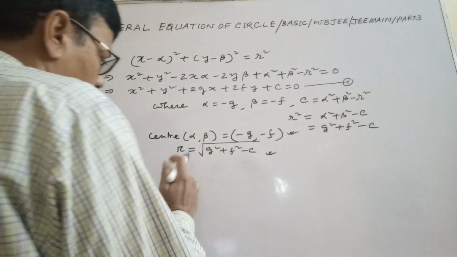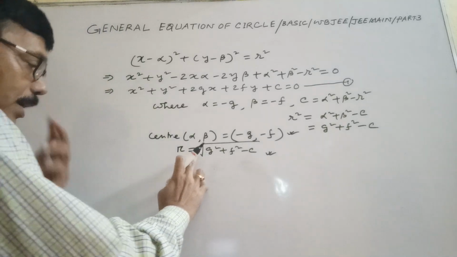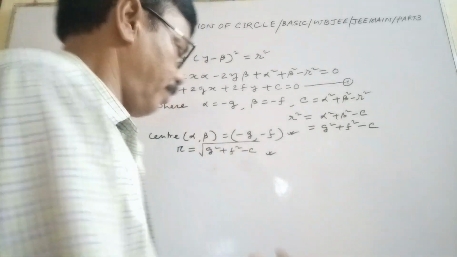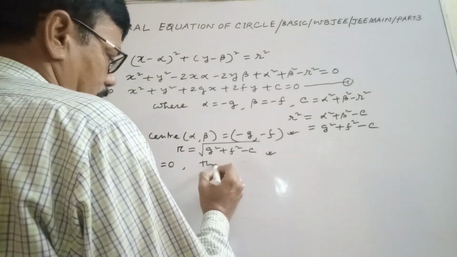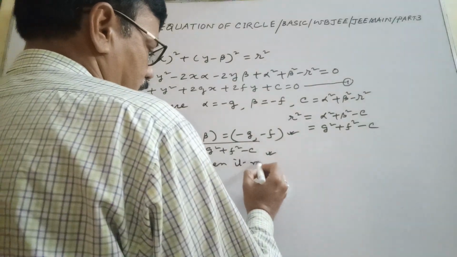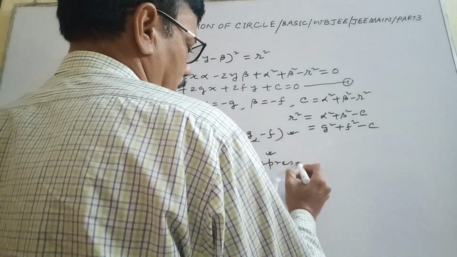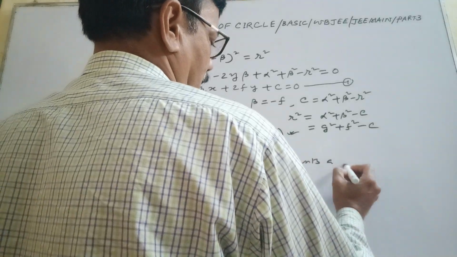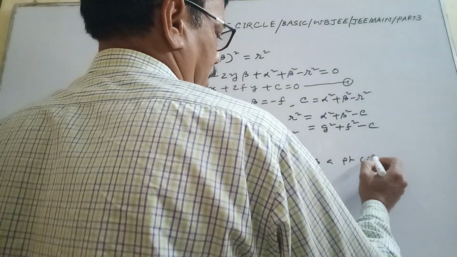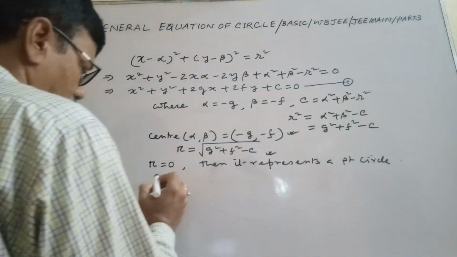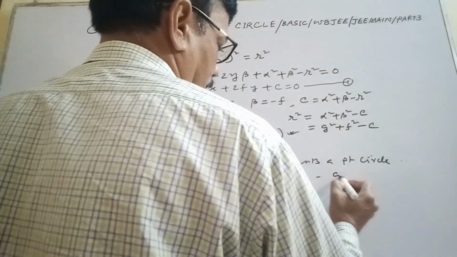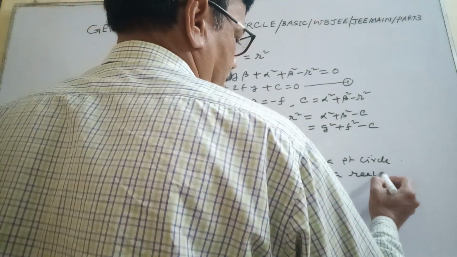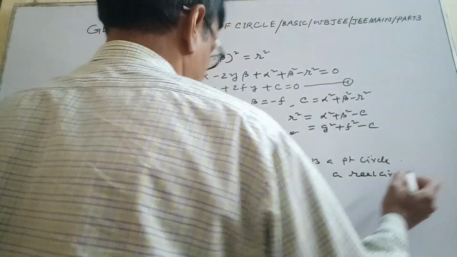Now if r equals 0, if the radius is 0, then it represents a point circle. If r is greater than 0, then it represents a real circle, that is, you can draw it.